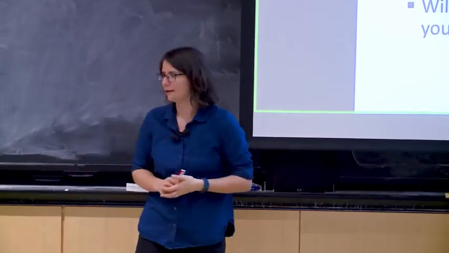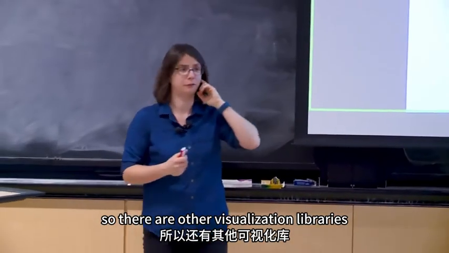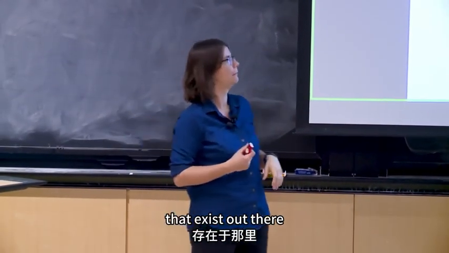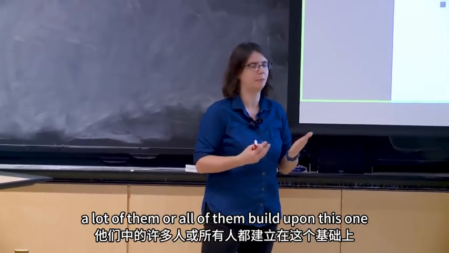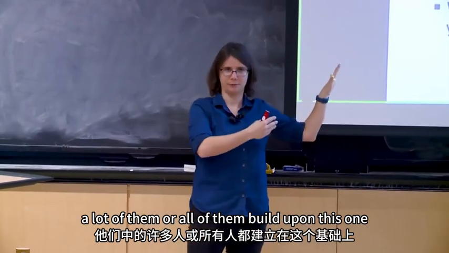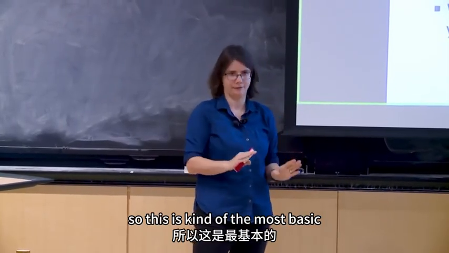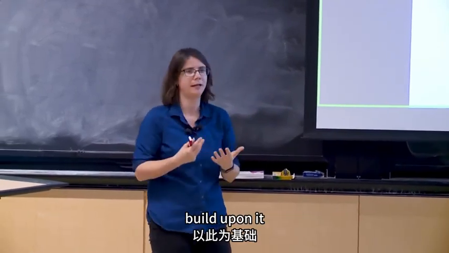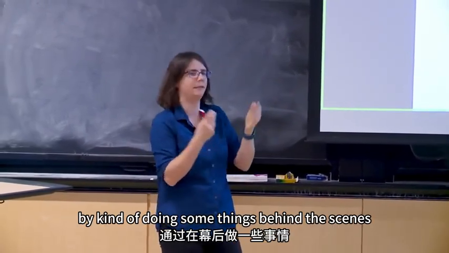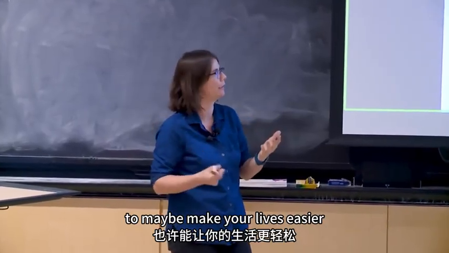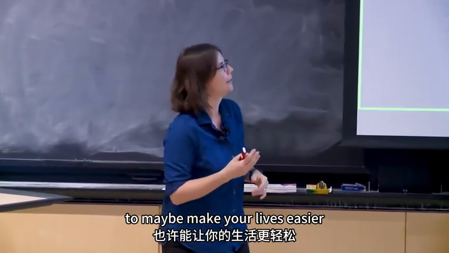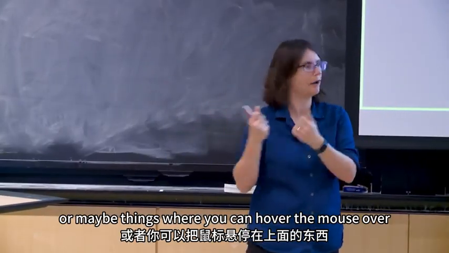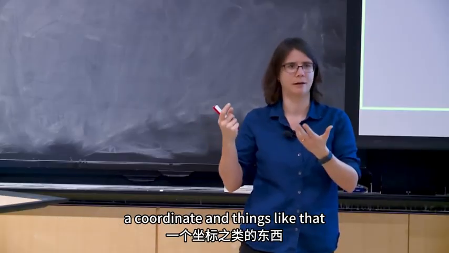There are other visualization libraries out there. A lot of them, or all of them, build upon this one. This is the most basic library you can get. The other ones build upon it by doing some things behind the scenes to make your lives easier, or to do some really cool visualizations, like hovering the mouse over a coordinate.